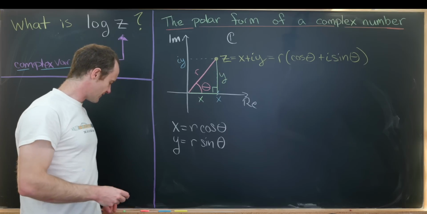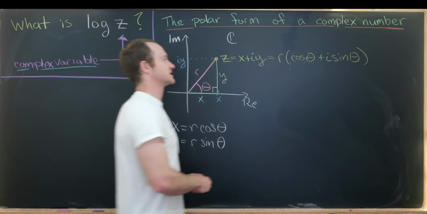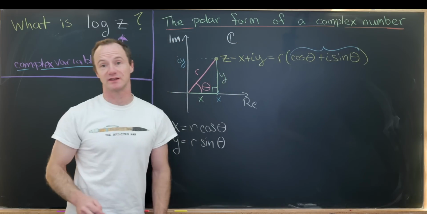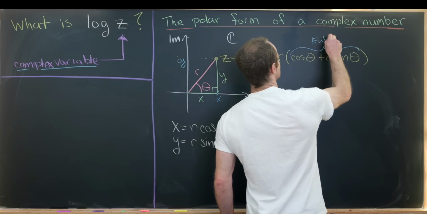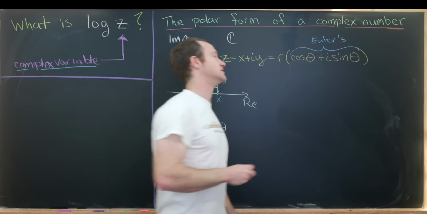But there's a very famous and beautiful formula called Euler's formula, which allows us to simplify this combination of cosine plus i sine in terms of a complex exponential. So this is like all over the internet. It's one of the most famous formulas on YouTube.